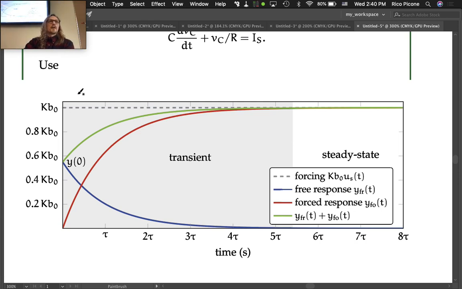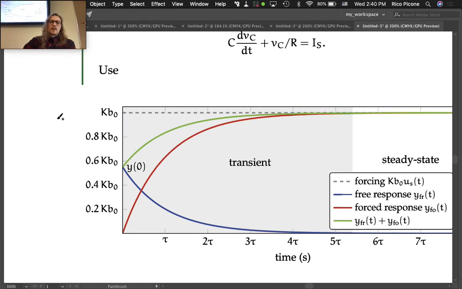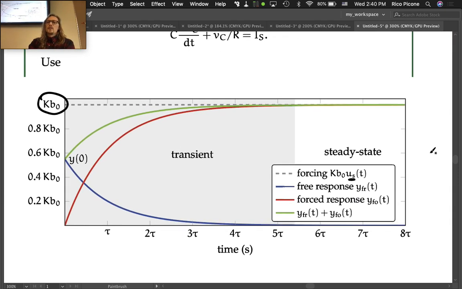These are all step responses. And this is the forcing function, the factor out in front of the unit step function. So it's equal to k b naught, the scaling of 1 for the unit step function.